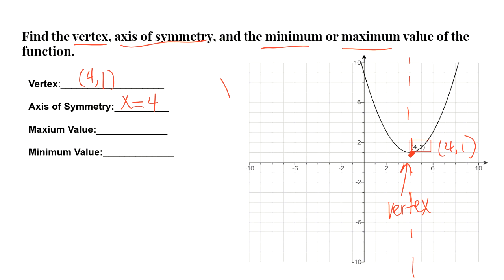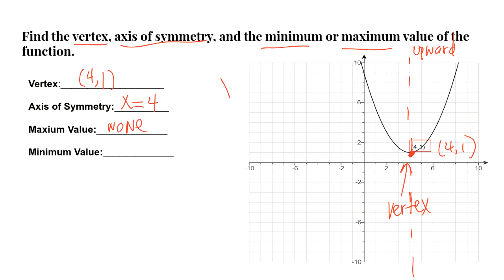Now for the maximum value, we don't have one because the parabola opens upward. If it opens upward, we have the lowest point. Our vertex is our lowest point. So we don't have a maximum value.